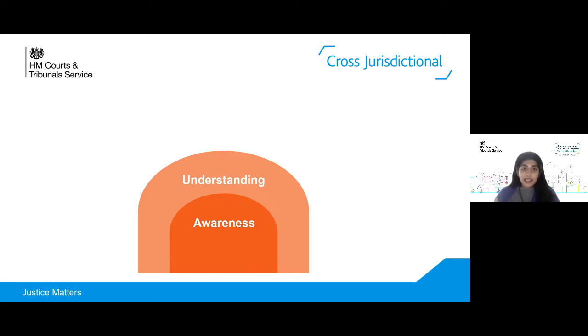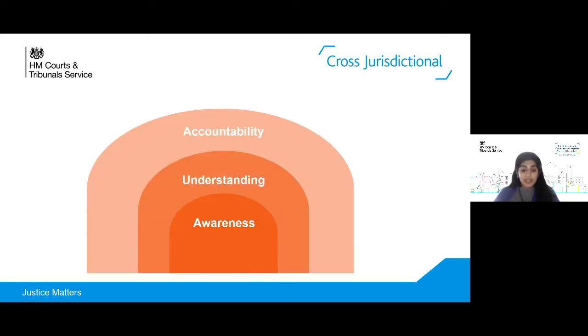Further to understanding is to build accountability. So as HMCTS, we need to hold ourselves accountable to reducing barriers. And in order to make sure that our standards of inclusivity remain high, we have to make sure that teams are demonstrating in a transparent way what they're doing to reduce barriers.